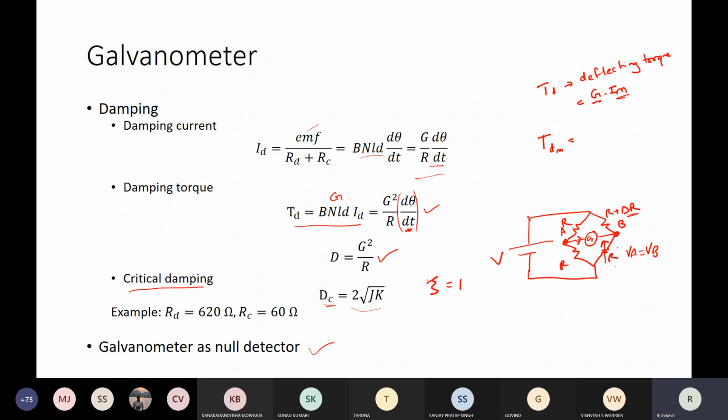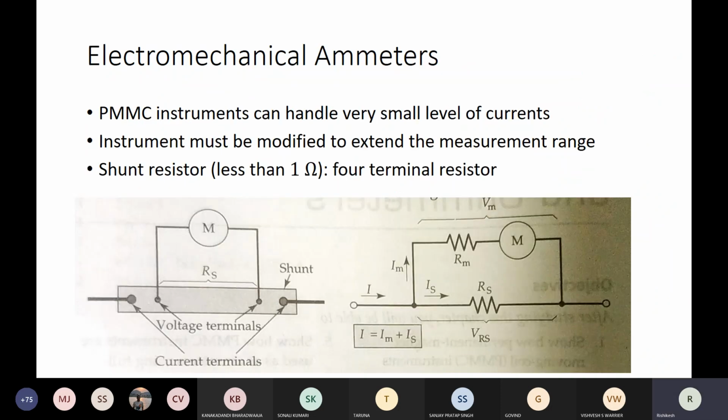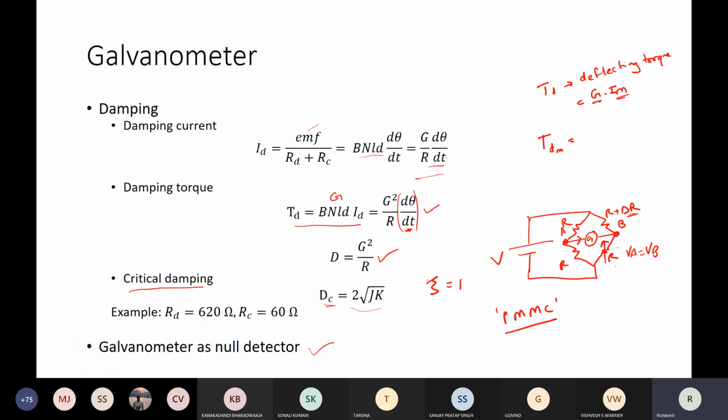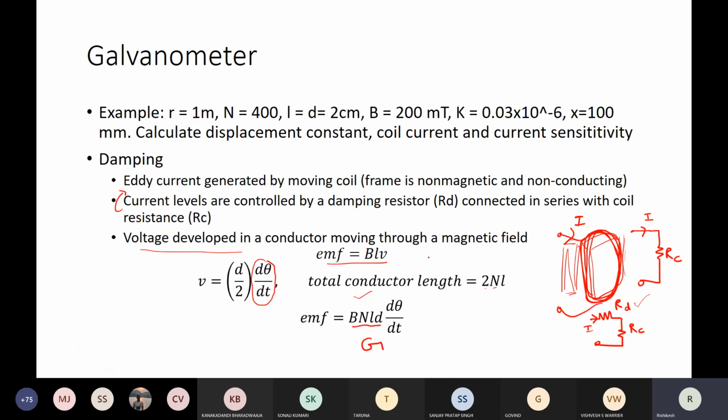Now we look at how one can utilize this, considering either galvanometer or PMMC instrument as our basic choice, to design ammeters and voltmeters and ohmmeters with user defined ranges. As I mentioned, the PMMC and galvanometer have a range up to a few milliamperes or microamperes.